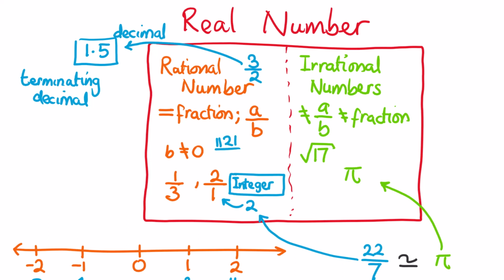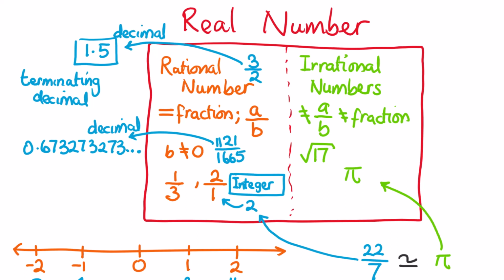Or we have another number, which is 1121 over 1665. When you punch it into a calculator and transform it to a decimal, it gives this result, 0.673273, and you see what is going on, 273, and so on. This indicates that we have a repeating decimal.